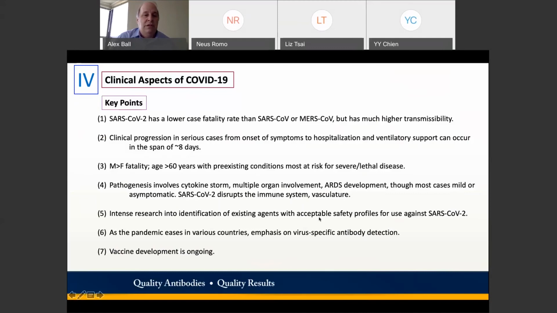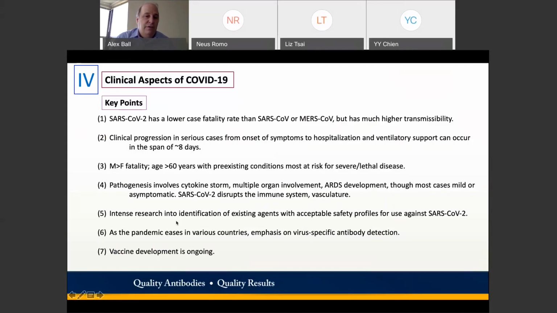Pathogenesis involves cytokine storm, multiple organ involvement, and ARDS development, though as we mentioned, most of the cases, perhaps as many as 80%, are mild or asymptomatic. And what's becoming more and more the case is that SARS-CoV-2 disrupts the entire immune system and also targets vasculature.